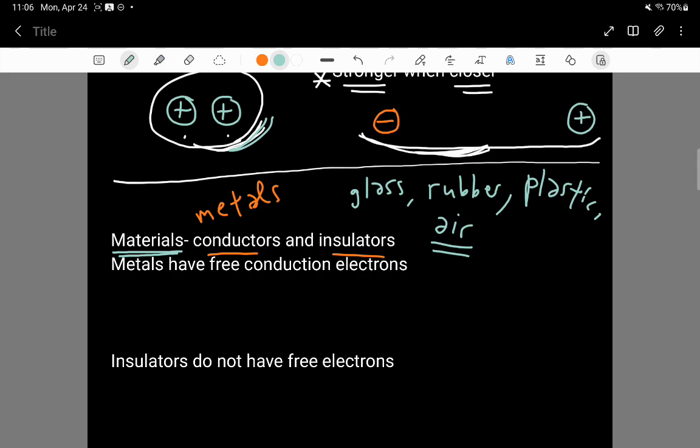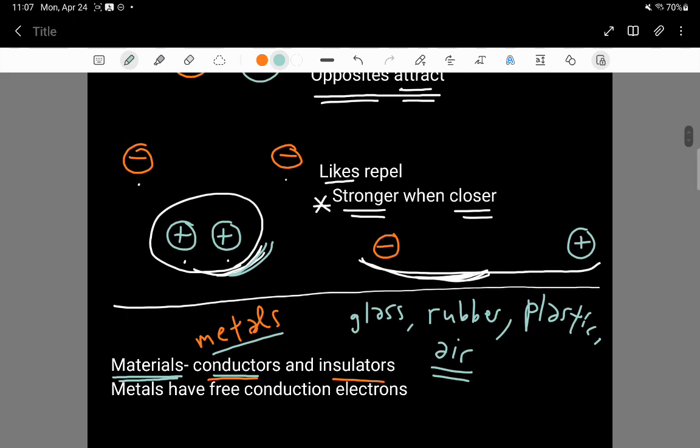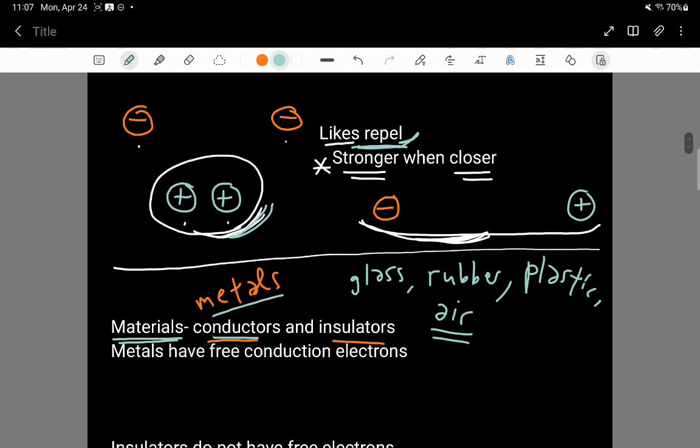Basically, conductors allow the electrons within the metal to freely move around, right? Still, the electrons are going to repel each other, so there's a certain limit to how far they can move around on the material.